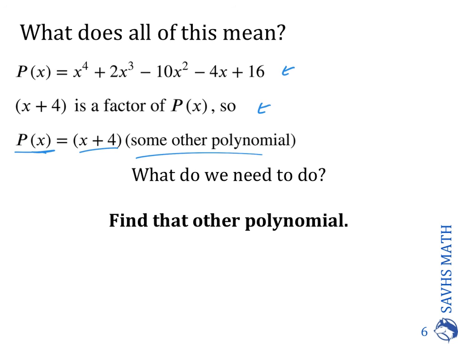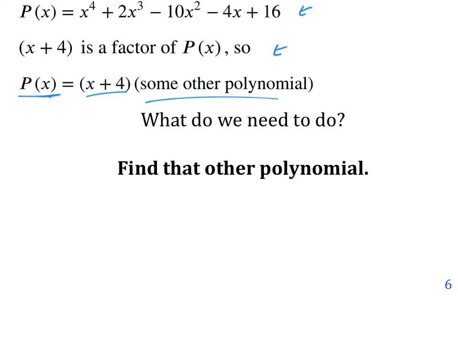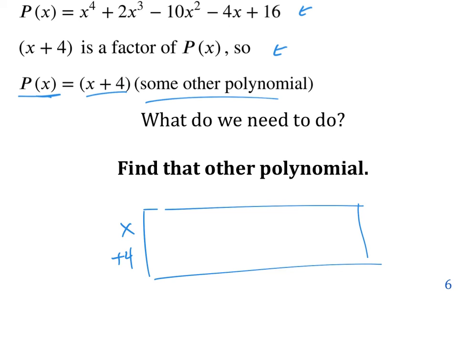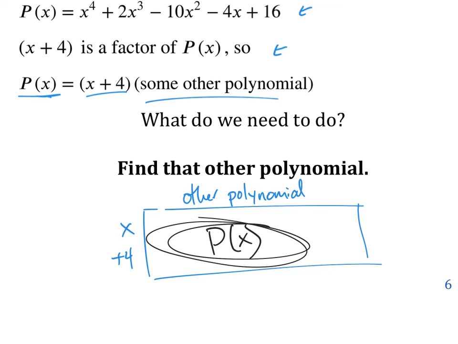And so what we're going to do is say, you know what, we know x plus 4 times some other polynomial gives you p of x. And so we're going to create a box method multiplication where our p of x is inside the box and we're finding this other polynomial.